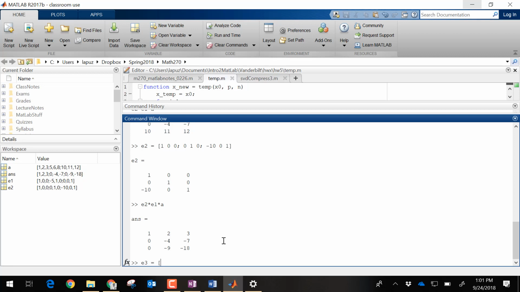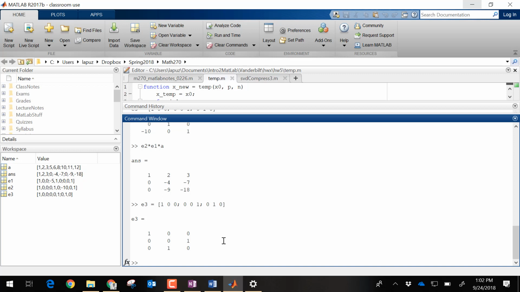What's my first row? First row is 1, 0, 0, because I'm not going to mess with the first row. What's the second row? And then the third row? Right? So here is my identity where I switch the second and third rows.